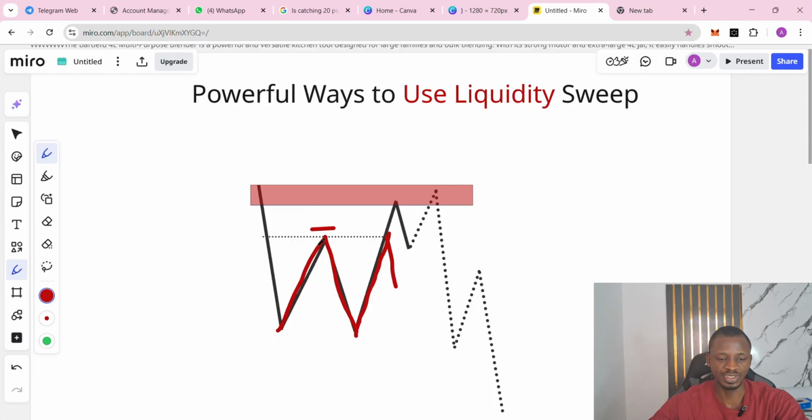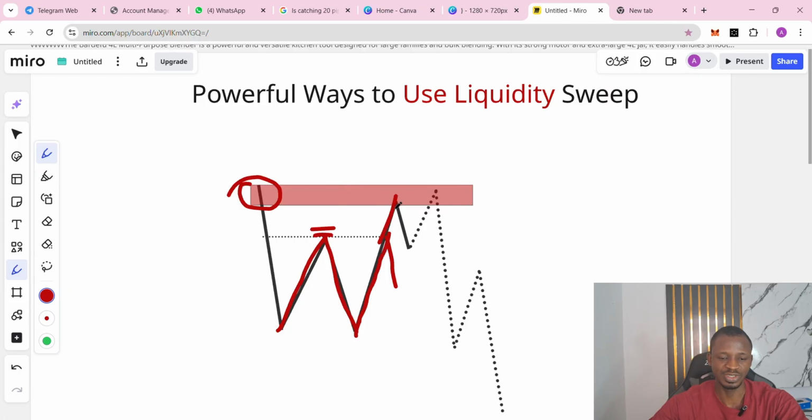It will first of all take out the pending liquidity or pending orders here by going upward to the point of interest, which is a supply zone as we may call it. So price will first of all go to that place. The process of the price taking out this liquidity before going to this point of interest is what we call liquidity sweep.